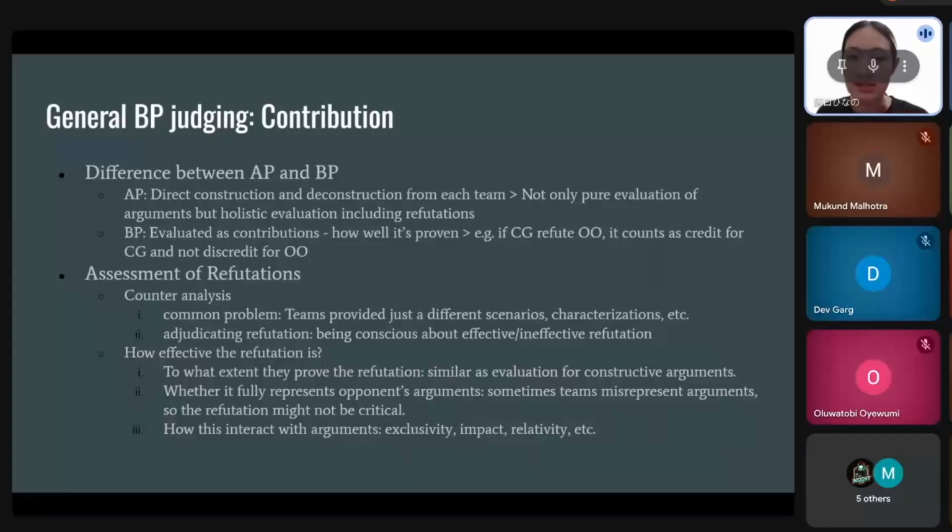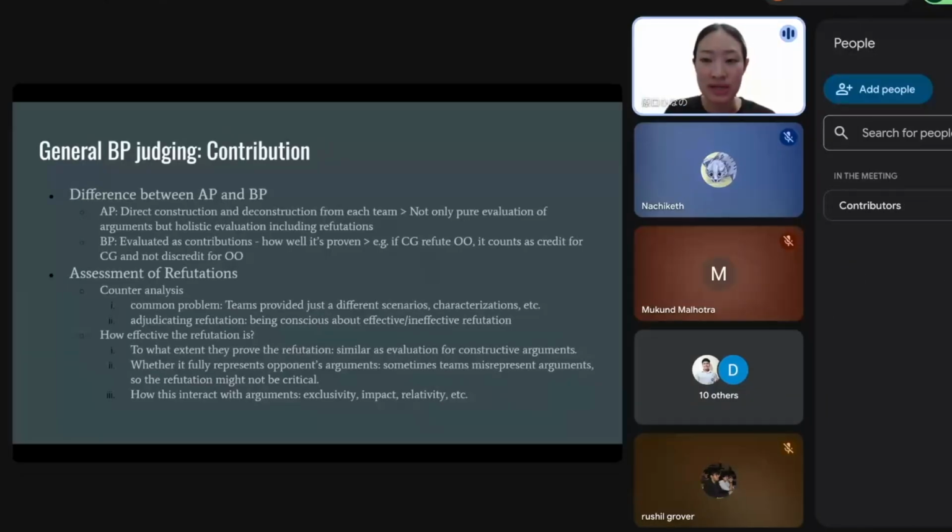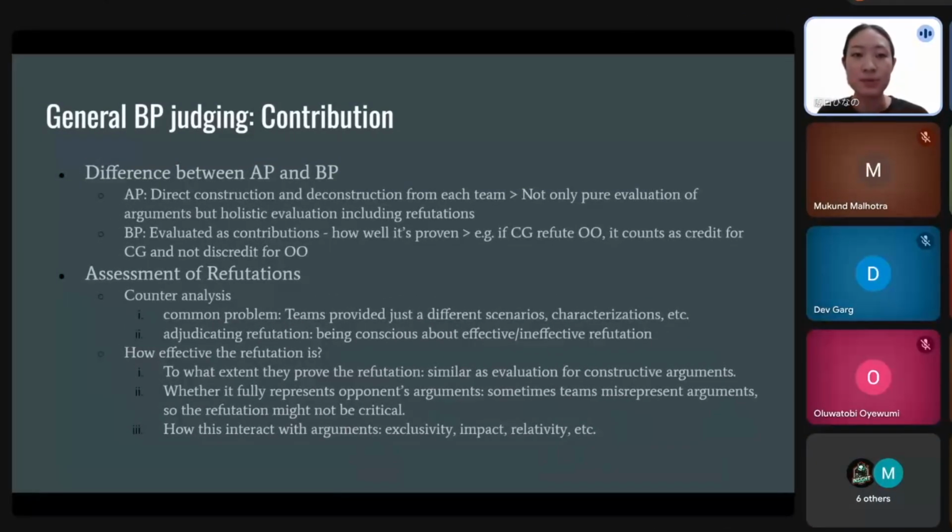The third thing is how this interacts with arguments. There are types of challenges that refutation has, for example, a challenge to exclusivity, a challenge to impact, a challenge to relevance to the motion, etc. If teams intend to refute the exclusivity, but you credit it as a challenge to the impact, that means teams would think that response was not properly interpreted by the judges, which seems unfair and deviates from the intention.